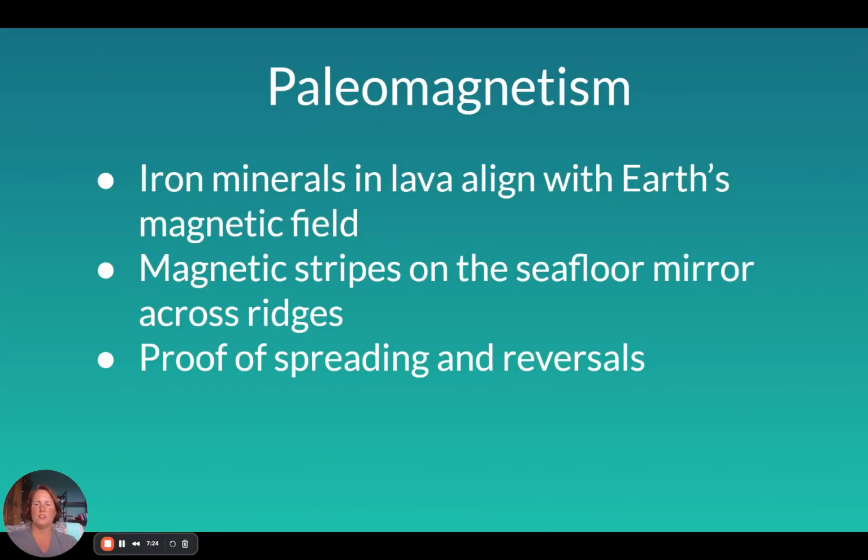They mirror across ridges, and over time, as Earth's magnetic field reversed, north became south and vice versa, we can now see those magnetic patterns on the ocean floor and see when and how the polarities reversed based on new crust forming at different times. So that's another evidence for continental drift.